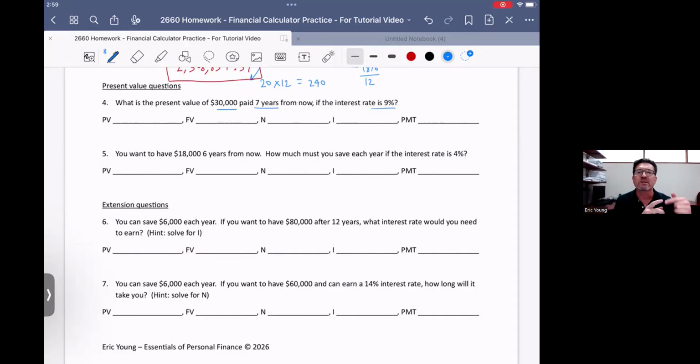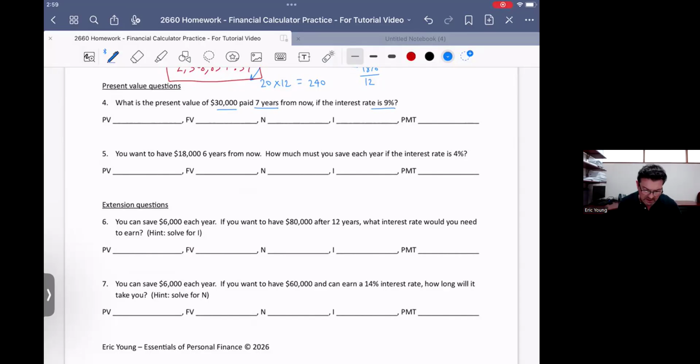If money grows at 9% per year, how much money do you have to put aside today to get that 30 in the future? Or seen a different way, if I say to you, hey, I'll pay you $30,000 in 7 years, what would I have to pay you today to make it equal? Okay, so we're adjusting over time and interest.